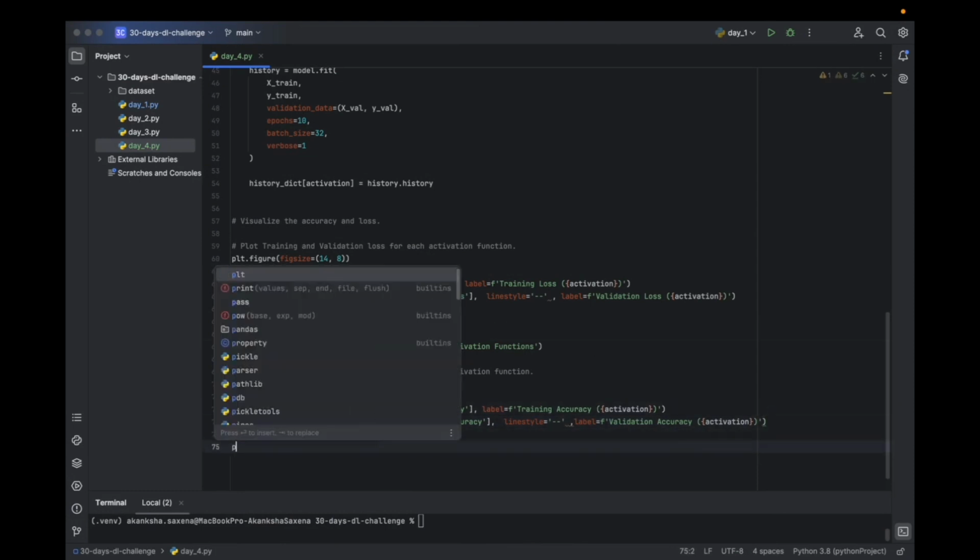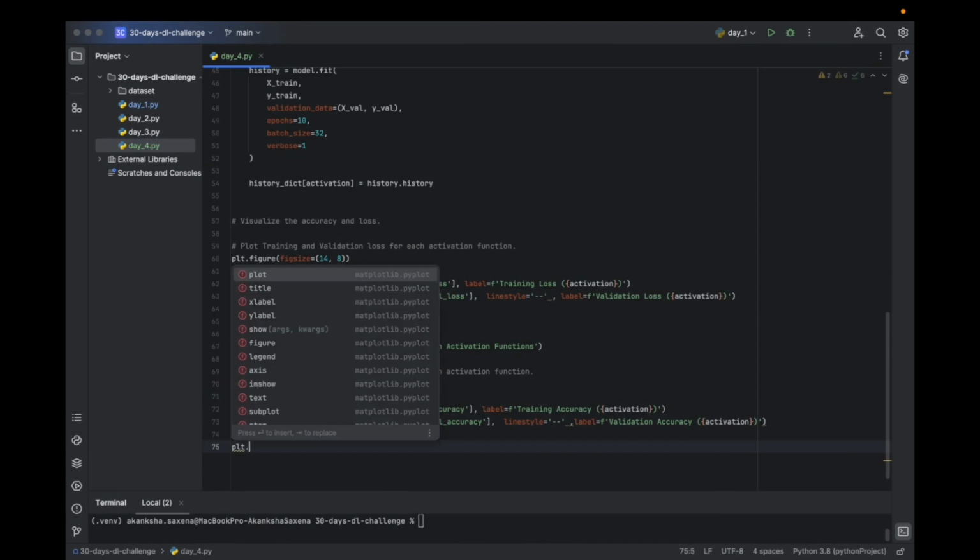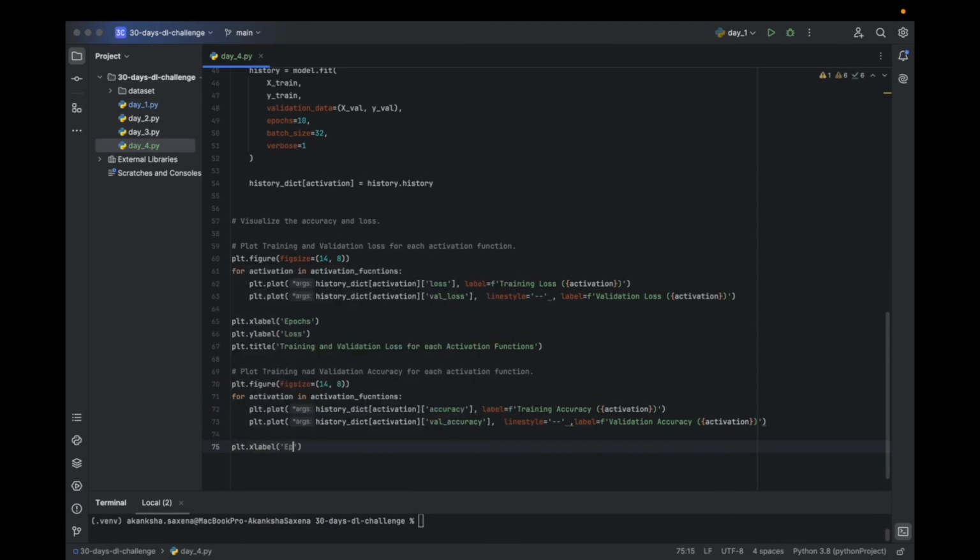Now once done, X label is going to be epochs, Y label is going to be accuracy, and then the title is going to be training and validation accuracy for each activation function.